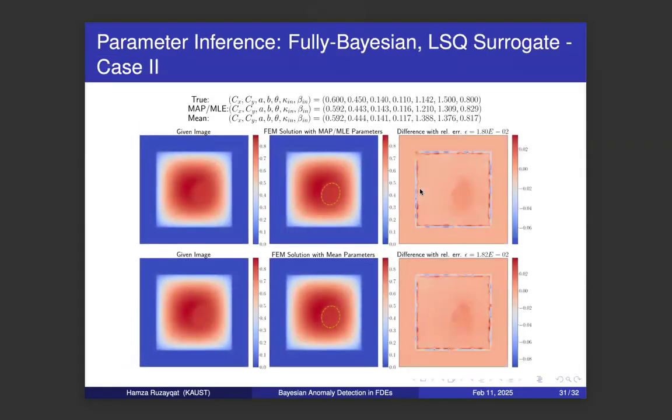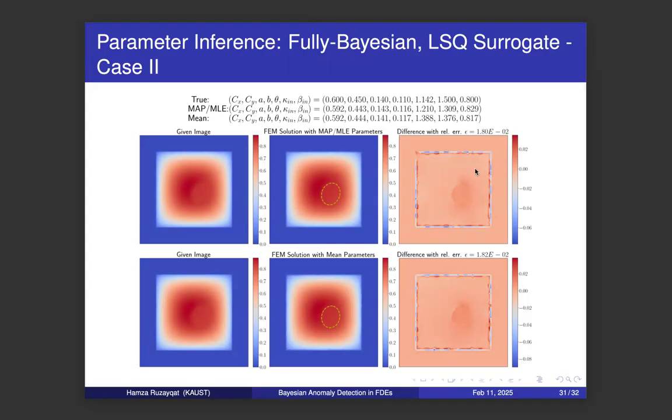In the second case, we also have this. For example, theta for the MAP estimator was 1.2, while the true value is 1.14, and when you use the mean estimator, it's 1.4.